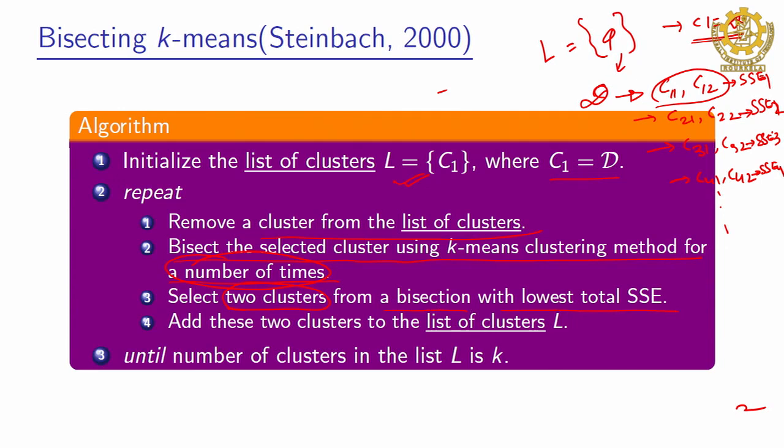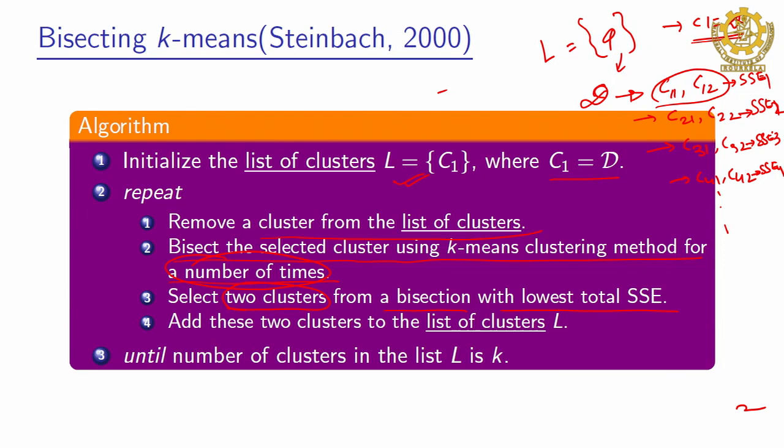So you apply k-means with k equal to 2 many times. Each clustering means applying k-means one time, finding the 2 clusters and computing the SSE. Again, with 2 different initial points you apply k-means, get 2 clusters and compute the SSE. Each clustering gives 2 clusters and 1 SSE value.